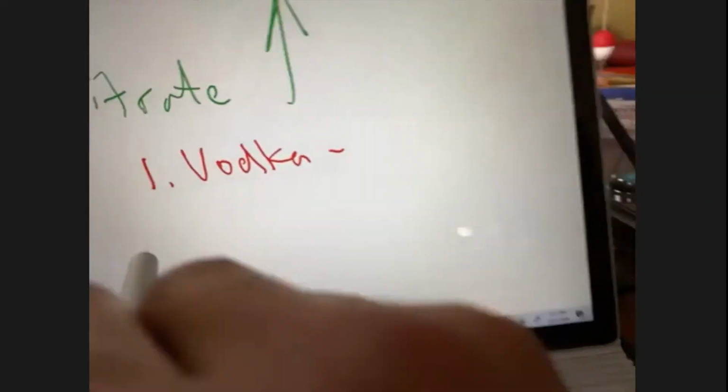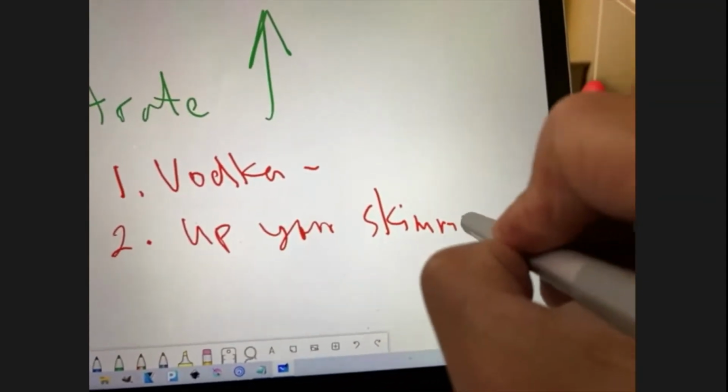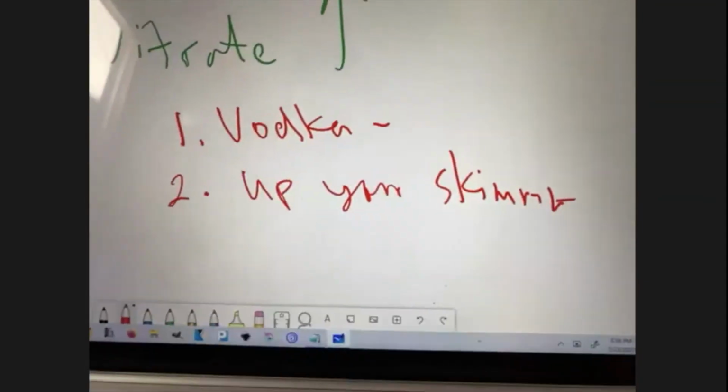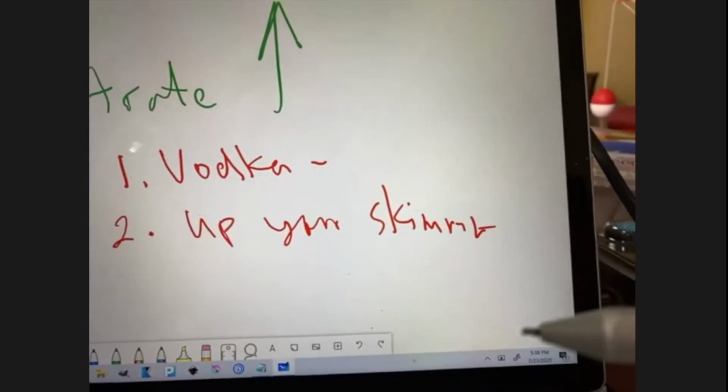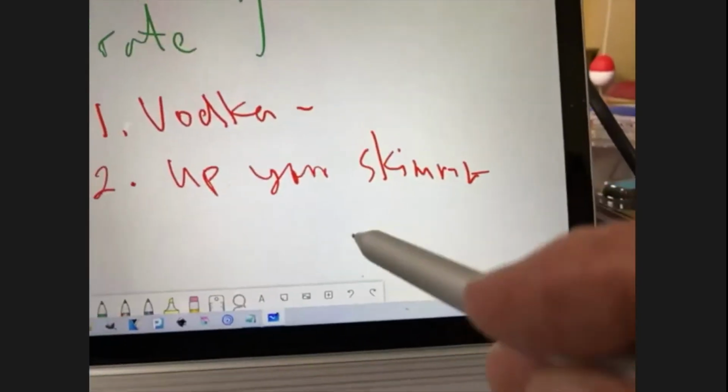Other thing you can do, you can up your skimmer. That will take out detritus from your system, which prevents it from breaking down, and that will help get your nitrate low as well.